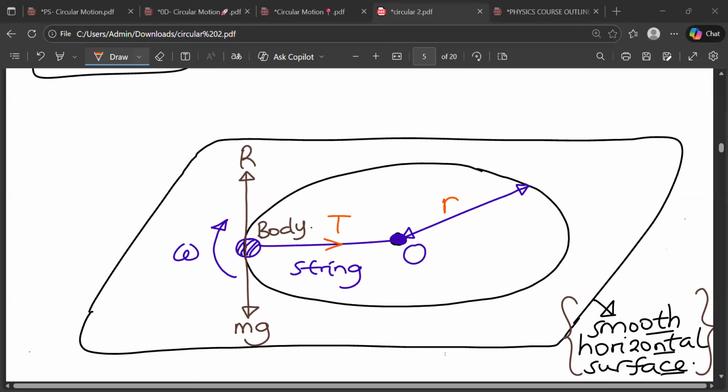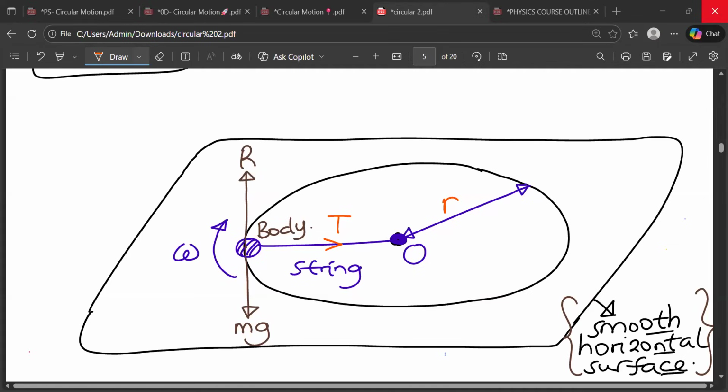Someone is saying, wait for me, the tension concept. I've said tension is the force in strings that enables them to hold bodies. Every time a string is holding a body, this body is stretching the string, and every time you stretch a string, it experiences tensional force.